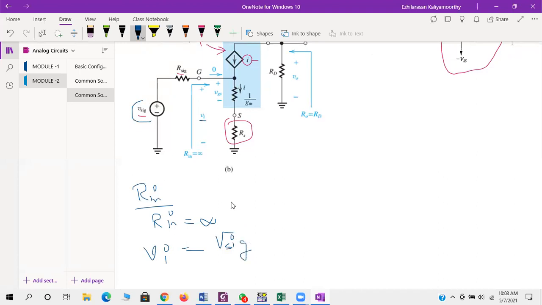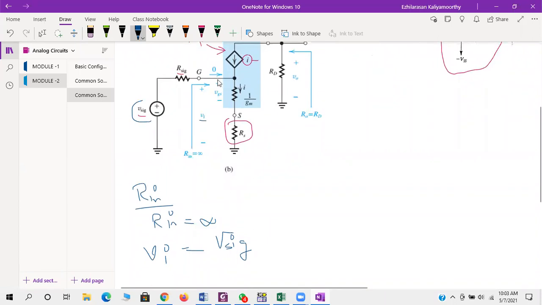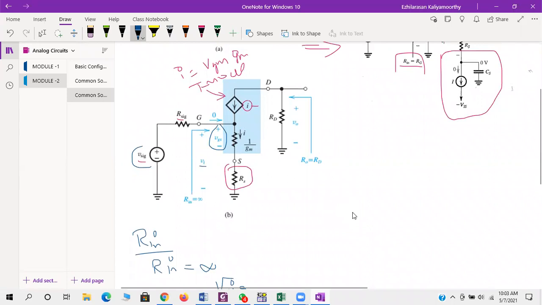Next, let us find out the VGS. This VGS we have to find out. So to find out the VGS, let's consider like this. Let us take this portion completely. This is nothing but 1 by gm.